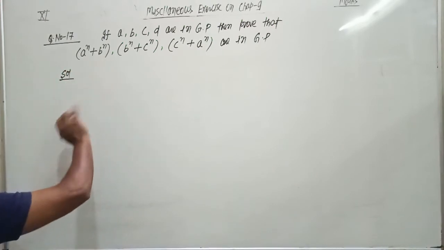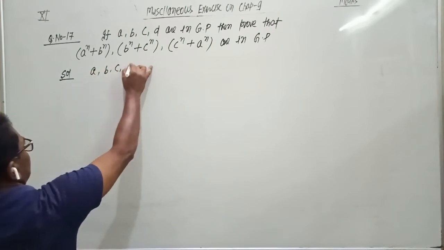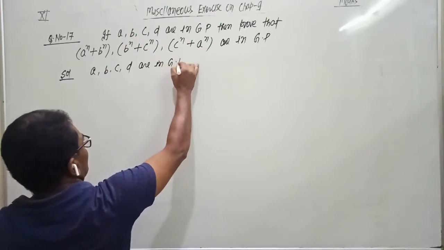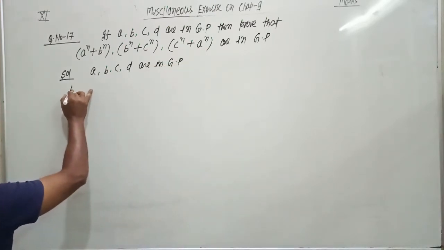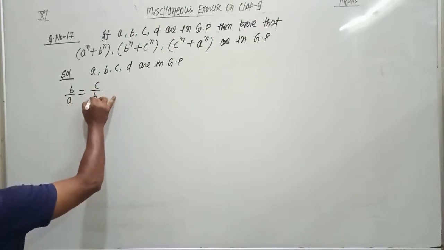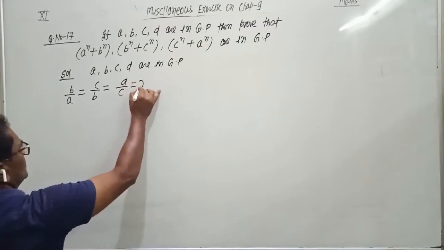So from the given condition, A, B, C, D are in GP, so we can write B by A equals to C by B equals to D by C equals to R.